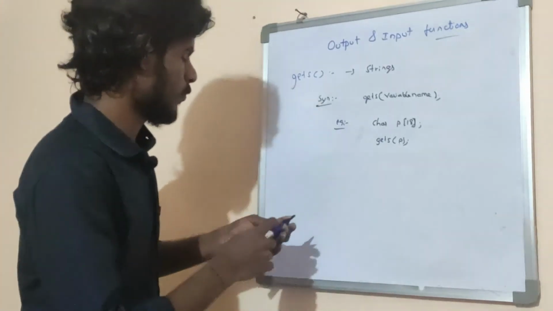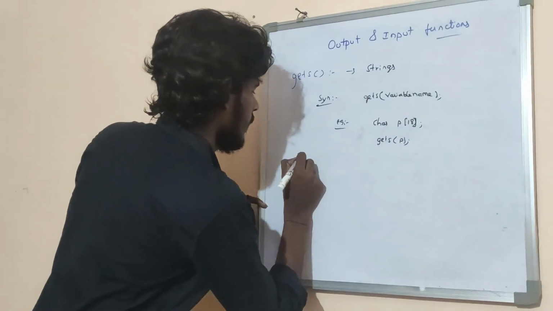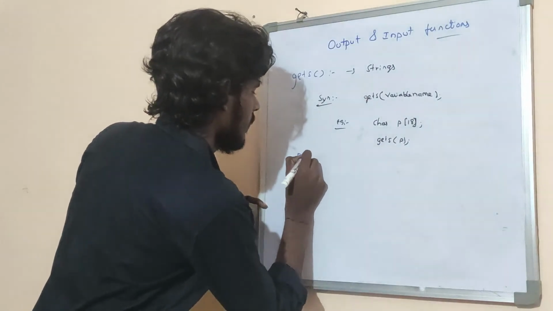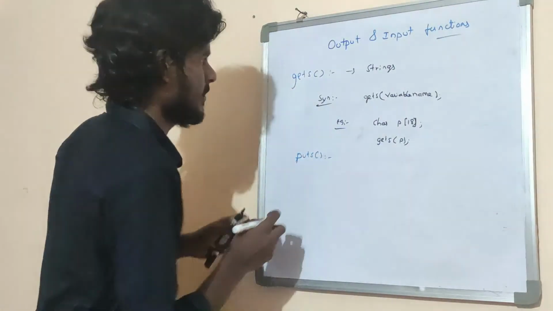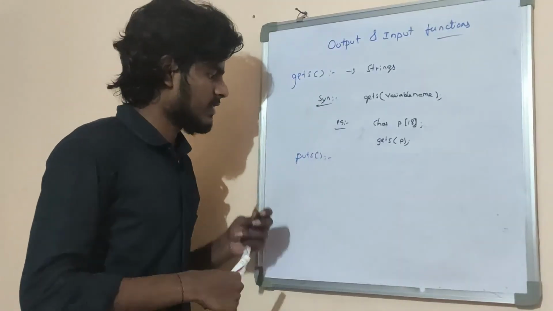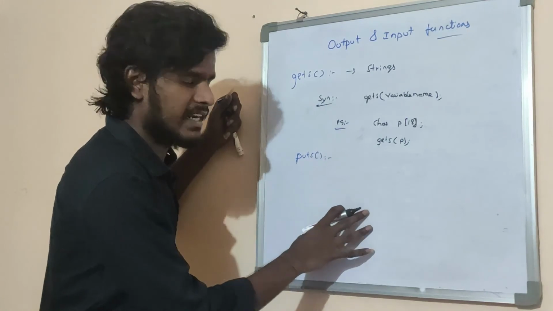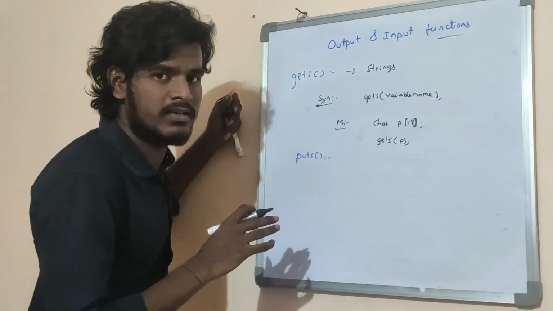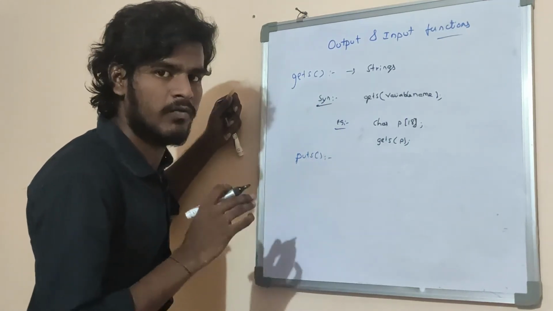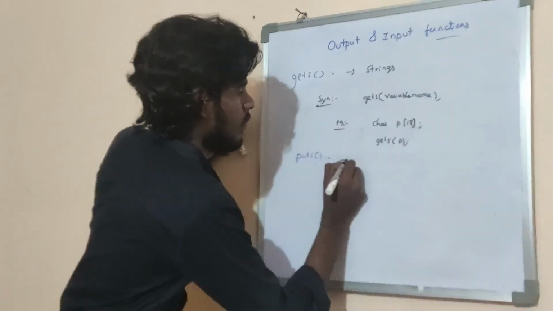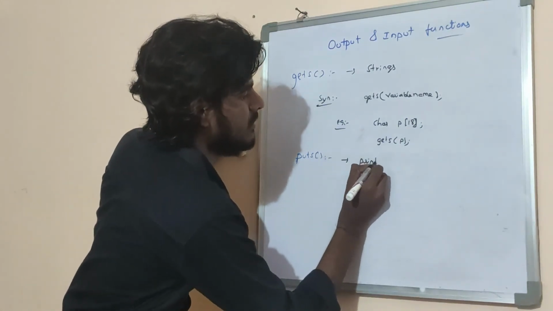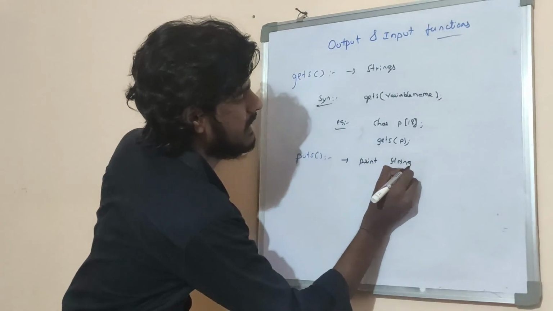Okay, what is the puts function? What is the use of the puts function? To print only strings, not for integers, not for single character and not for float.